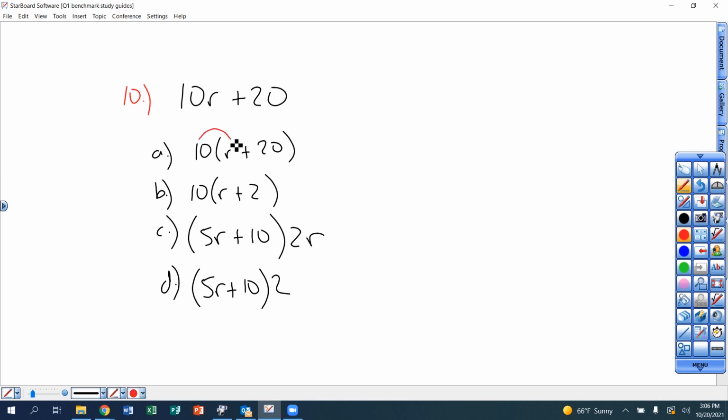This, if I distribute, gives me 10R, 10 times R, plus 200. 10 times 20 is 200. No, doesn't match this up here. If I distribute, the next one gives me 10R. 10 times 2 is 20. So yes, that one does match.